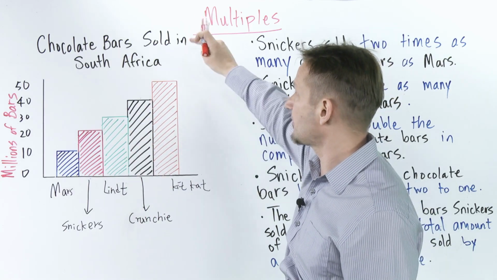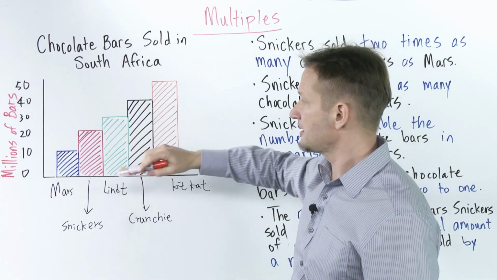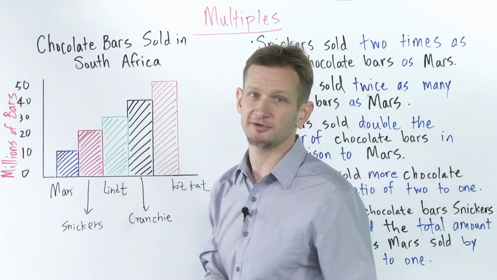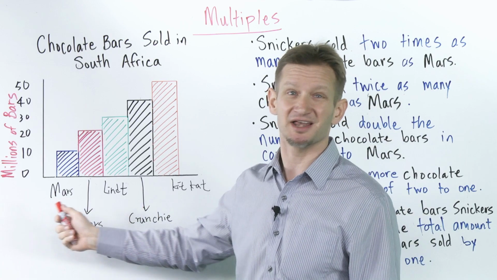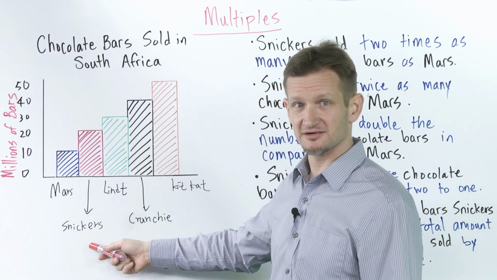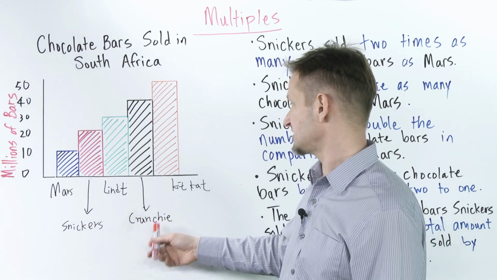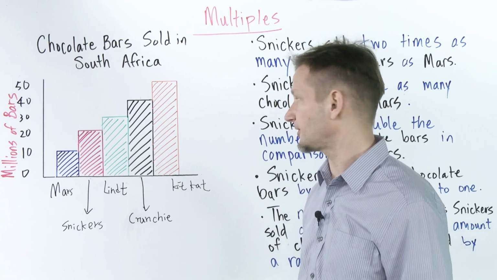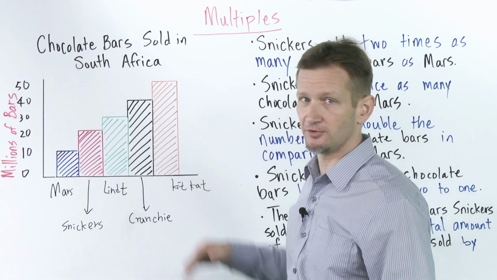This is chocolate bars sold in South Africa. And it's by millions of bars. And it goes from 0 to 50 million bars. And at the bottom here, we got name brands of bars. We have Mars Bar, Snickers, Lindt, Crunchy, and Kit Kat. And these are all famous brands of chocolate bars and how much they've sold.